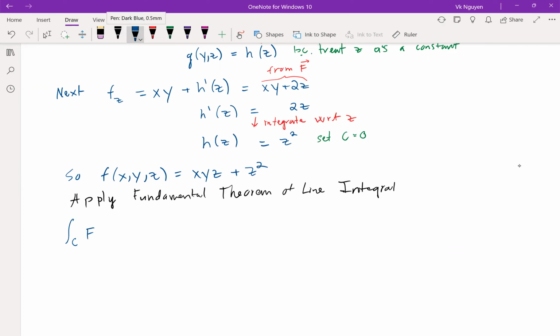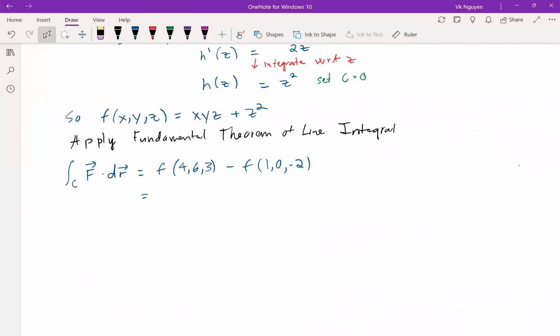And if we do that, then the line integral of F dot dr is 4 times 3 plus 3 squared minus 1 times 0 times -2 plus -2 squared.